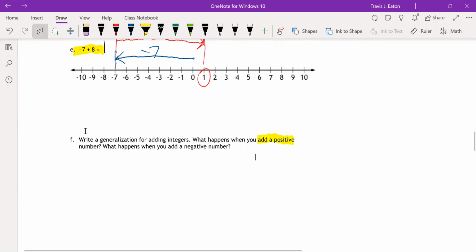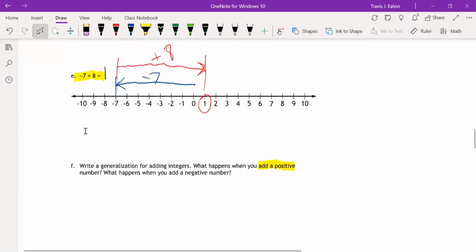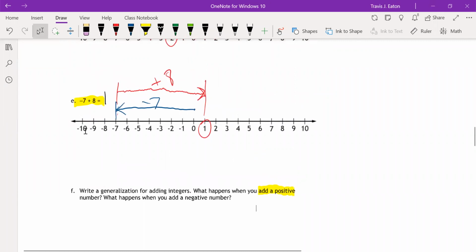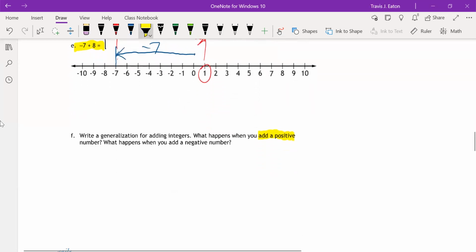What happened when we added a positive in letter E? All right. You'll notice when we added a positive number, like adding 8, we move to the right on our number line. When you move to the right on your number line, what happens to your numbers? Do they get smaller or larger? Well, when you move to the right, your numbers get larger. So what happens when you add a positive? Let me type this in here.